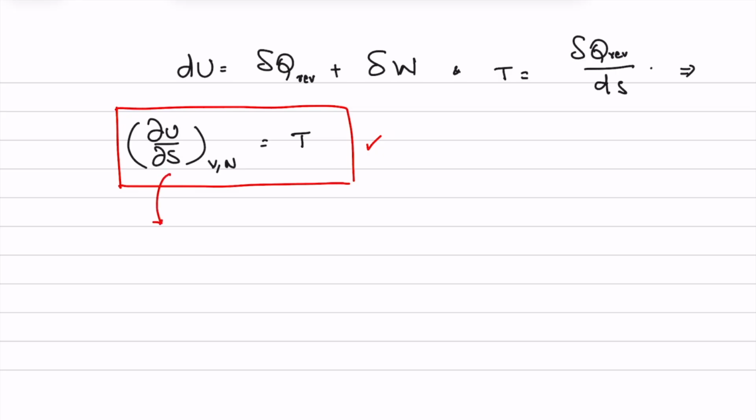We are giving an excellent definition for temperature: temperature is equal to ∂U/∂S at constant volume and number of particles.